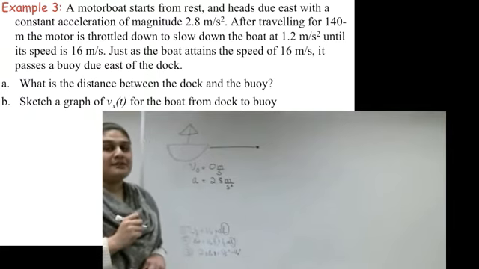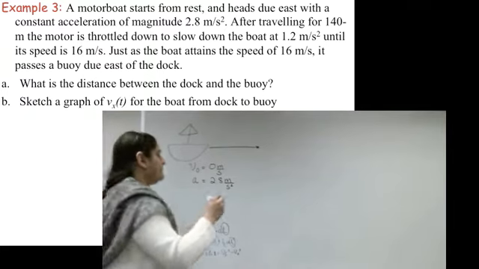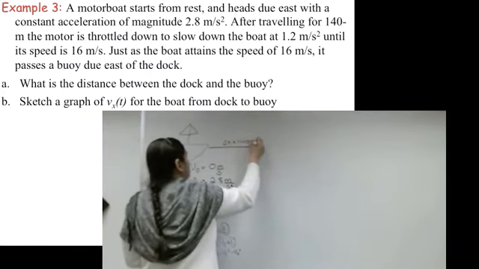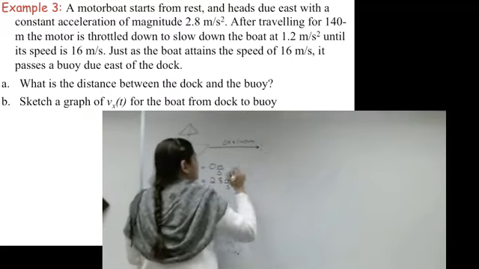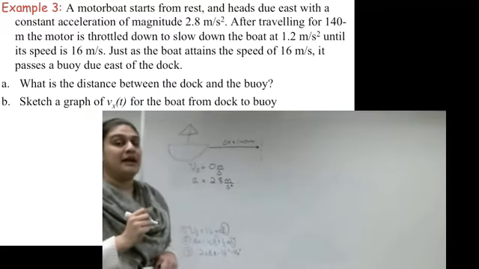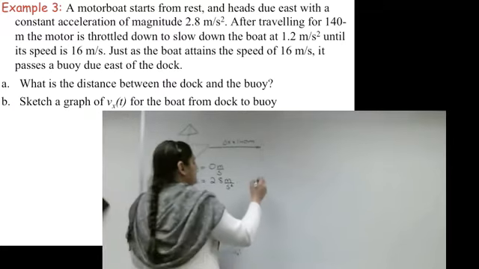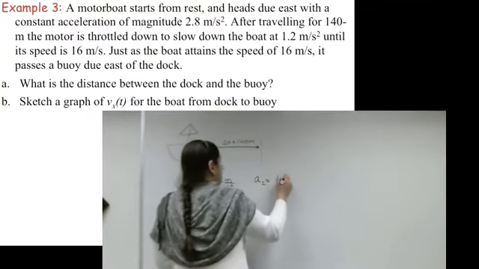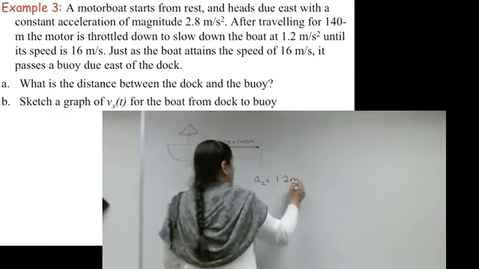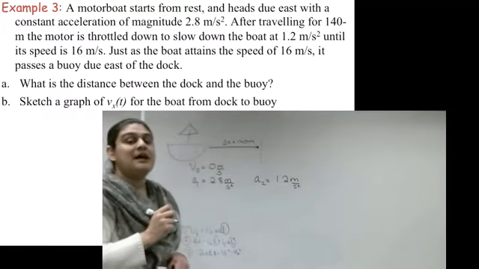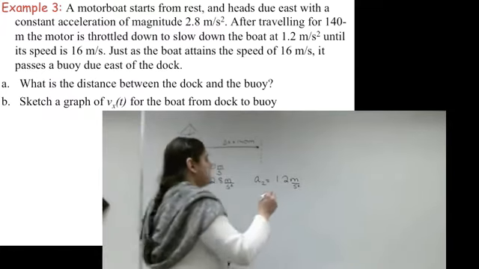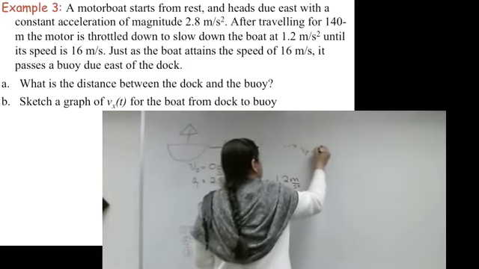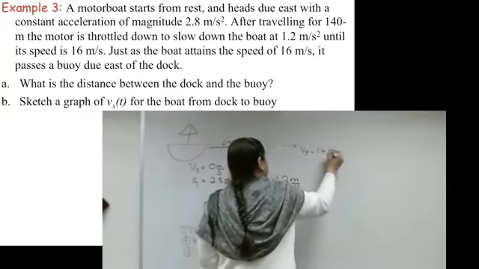After traveling for 140 meters, so after delta x, which is 140 meters, the boat is throttled down. I'm going to call this A1, and A2 is 1.2 meters per second squared, until its final speed VF is 16 meters per second.